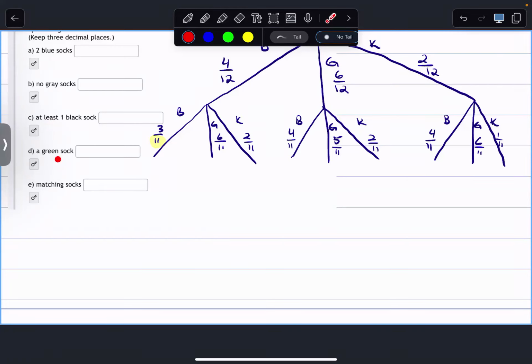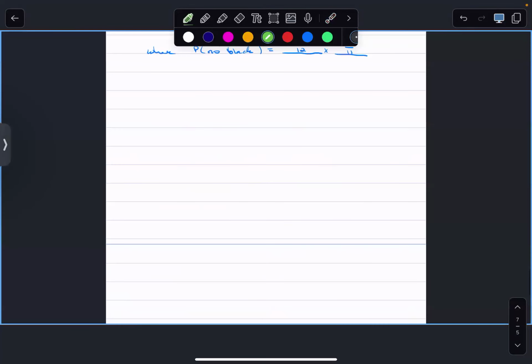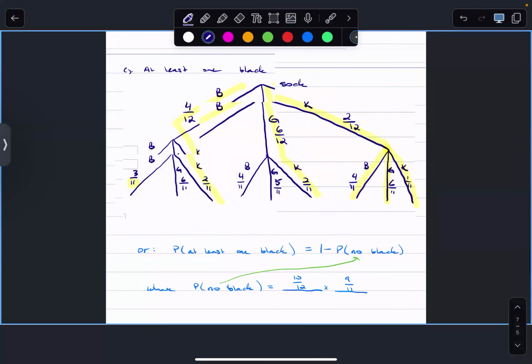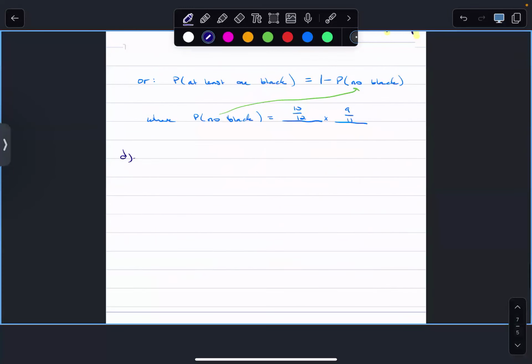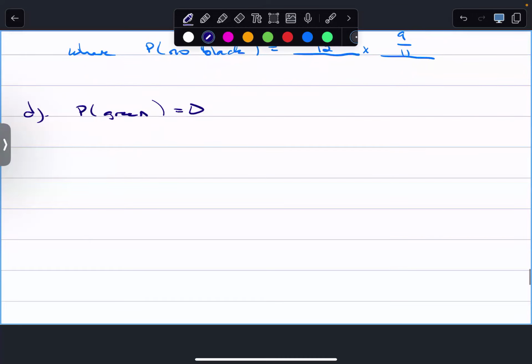Okay. A green sock. Wow. There are no green socks, so I'm going to go with 0. All right, that's fine. What about matching socks? How many ways could you have matching socks? I'll just say the probability of green is 0.